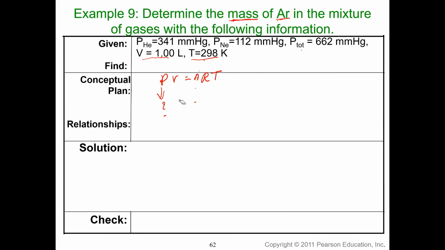We have total pressure, but not the pressure of argon. Which means we can determine the pressure of argon, right? If we get the pressure of argon, can we calculate the moles then? Yes.